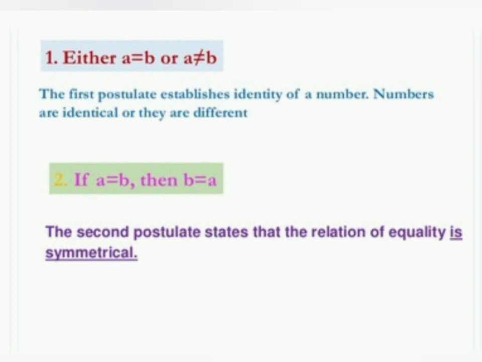Then the third postulate is if A is equal to B and B is equal to C, then you can easily say that A is equal to C, because A and B are equal, and B and C are equal. So that means A and C are equal.